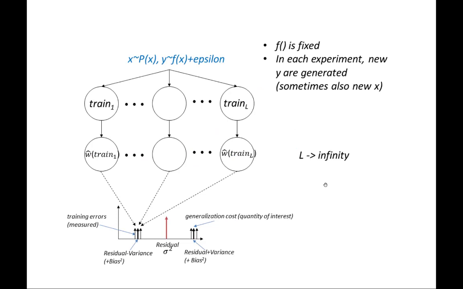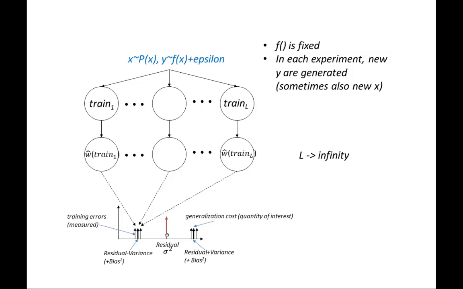Here is a picture for that. We assume x comes from some p of x and y is f of x plus some noise. Then we generate these different training data sets as before. We do the estimate from training set 1 up to training set L, and we assume L goes to infinity. This is the epsilon, the sigma square. The average training error, based on the estimates from the training sets, will be smaller than the residual by the variance, so residual minus variance.